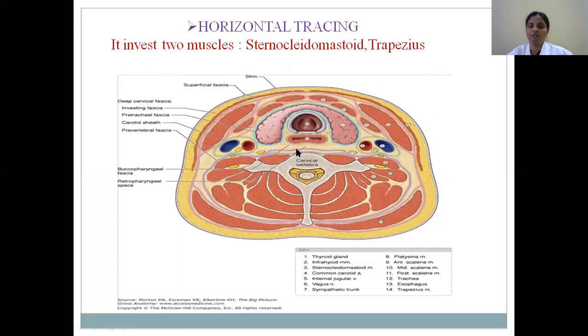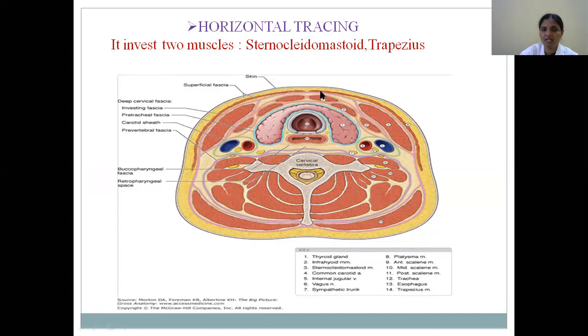See here, if you identify the section of the neck, how this investing layer, meaning the most superficial layer of the deep cervical fascia, is extending and investing muscles. I told you the 2 muscles are invested by this investing layer. From the midline, if you trace further backwards, it extends towards the anterior border of the sternocleidomastoid.